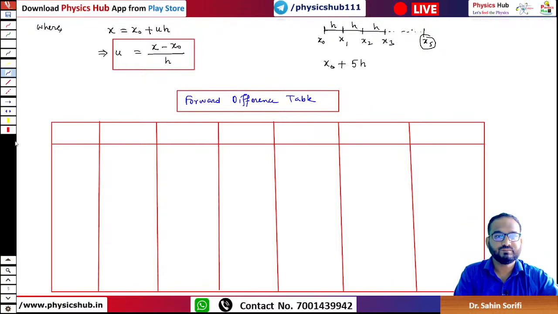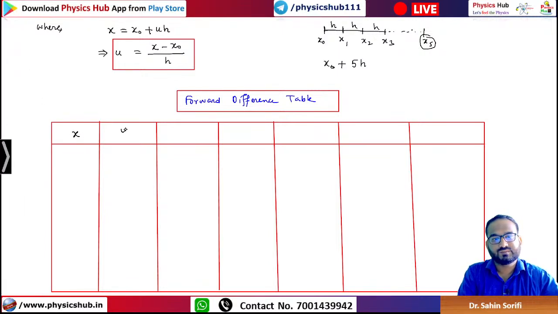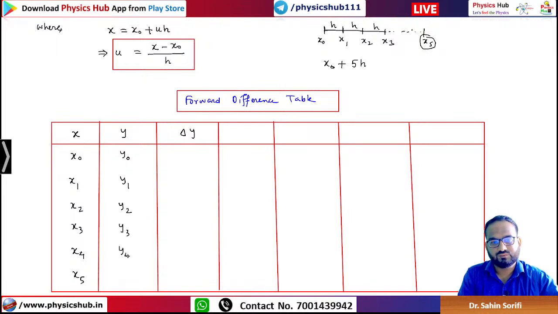This is x, this is y. Then we'll be getting delta y. So let's write the values of x. It is x0. If we add h, it becomes x1, x2, x3, x4, x5. After that you write the corresponding values of y, where y equals f(x): y0, y1, y2, y3, y4, y5.